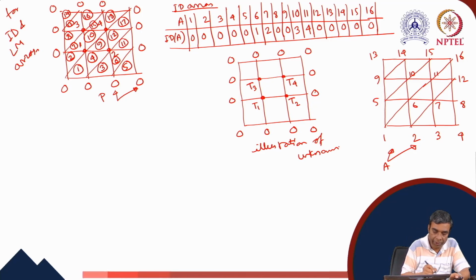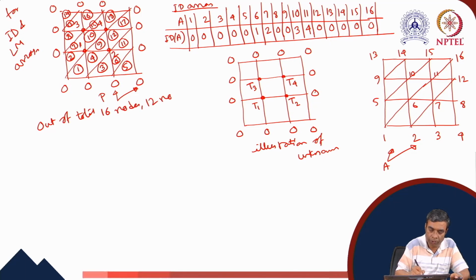Now we can generate the LM array by using the mesh picture where we have shown the equation numbers at the global level. Out of a total of 16 nodes, 12 nodes belong to the essential boundary gamma g.